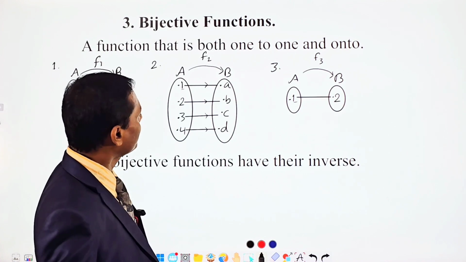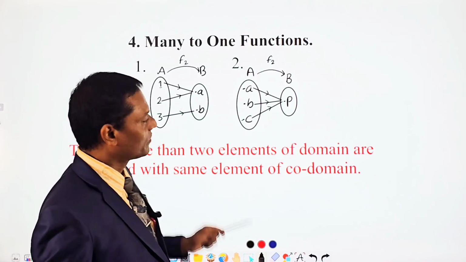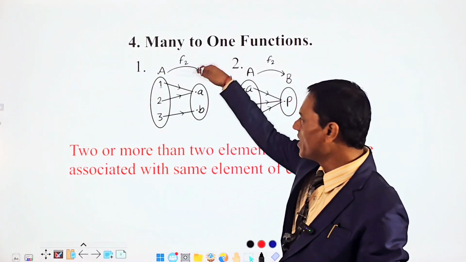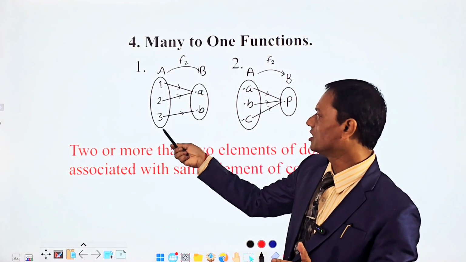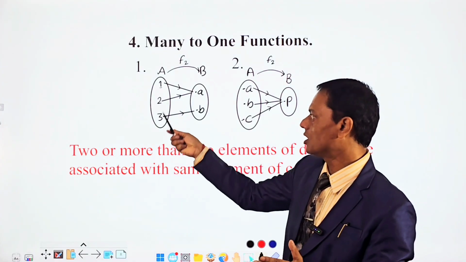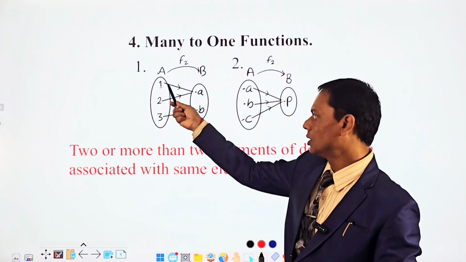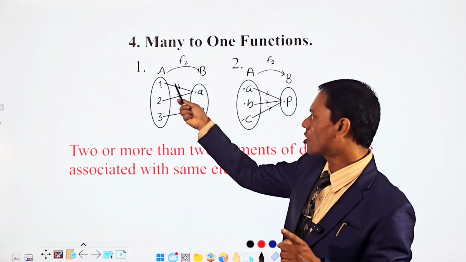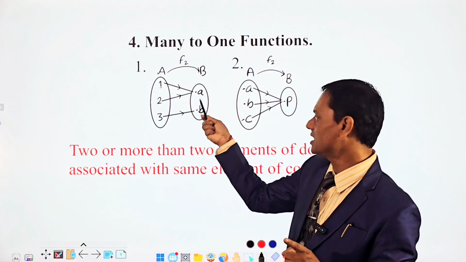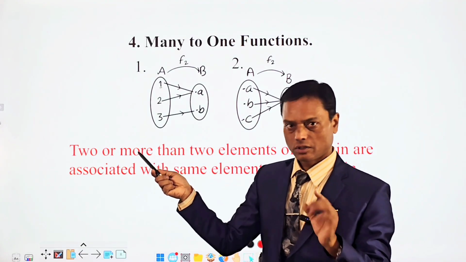Going forward, we have many-to-one functions, as the word explains. 1, 2, 3 are inputs, and 1 and 2 have only one image, that is A: 1 to A, 2 to A. Such type of functions are called many-to-one.